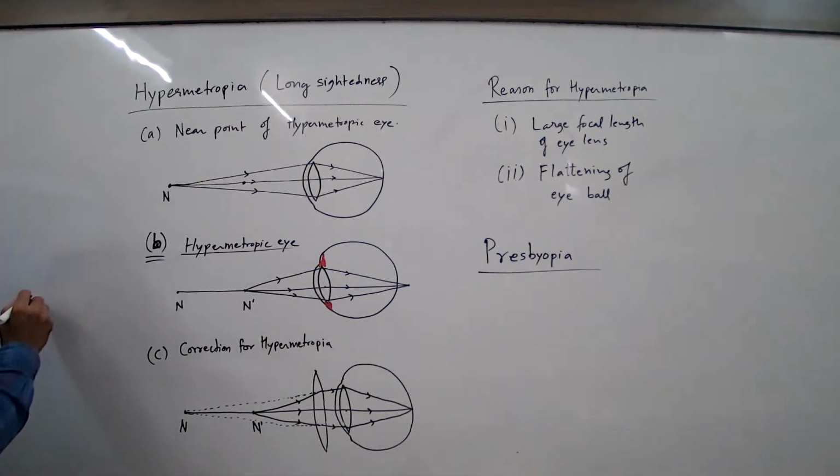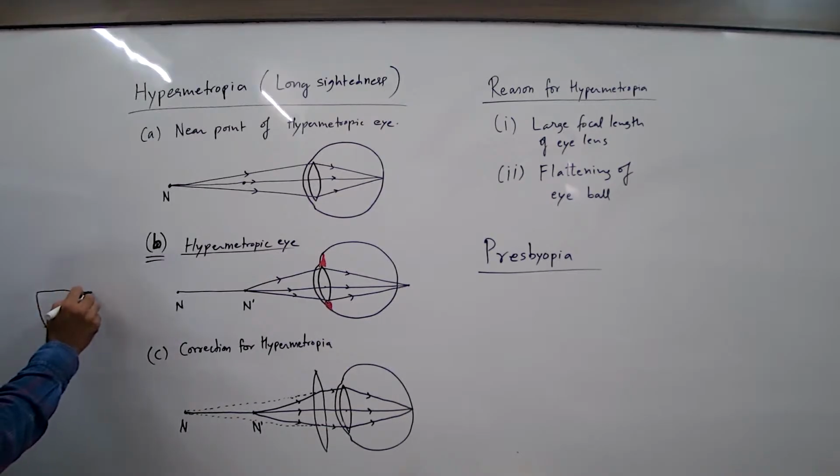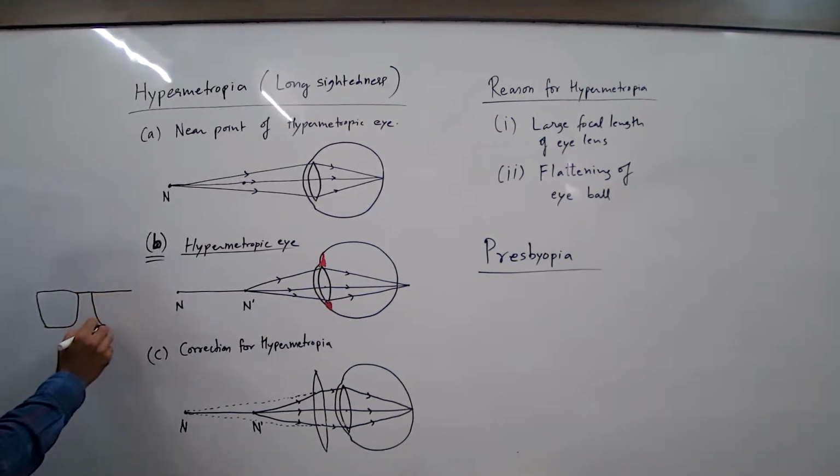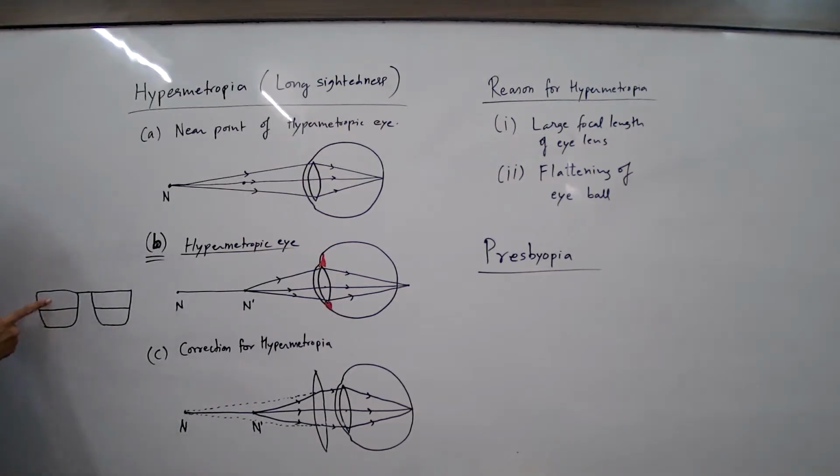So let us say you have an eye with presbyopia. Then how is the lens? You must have seen, like in old lenses, that the two lenses are clearly visible. Either there is a demarcation like this: the upper part is concave lens, the lower is convex.